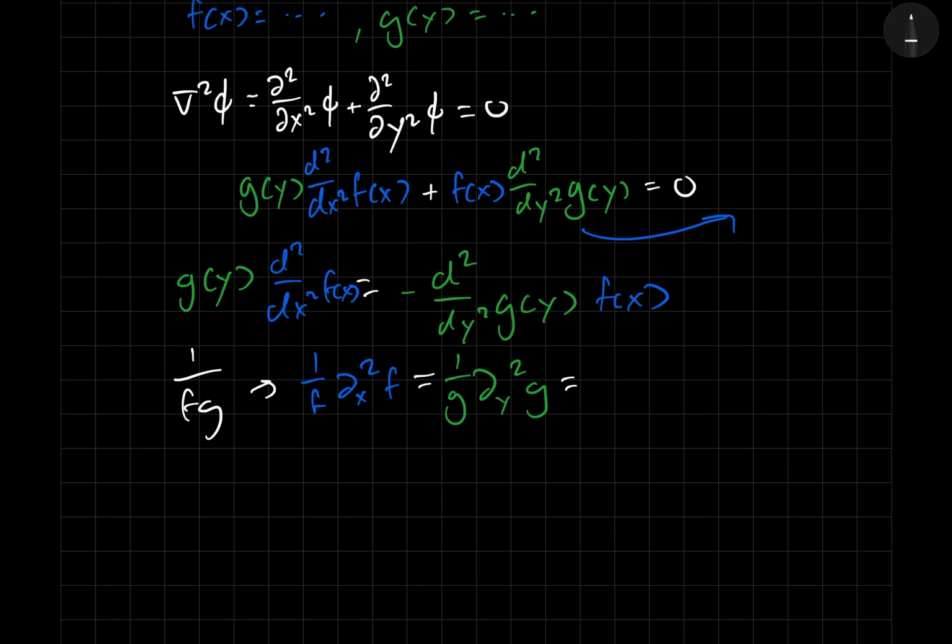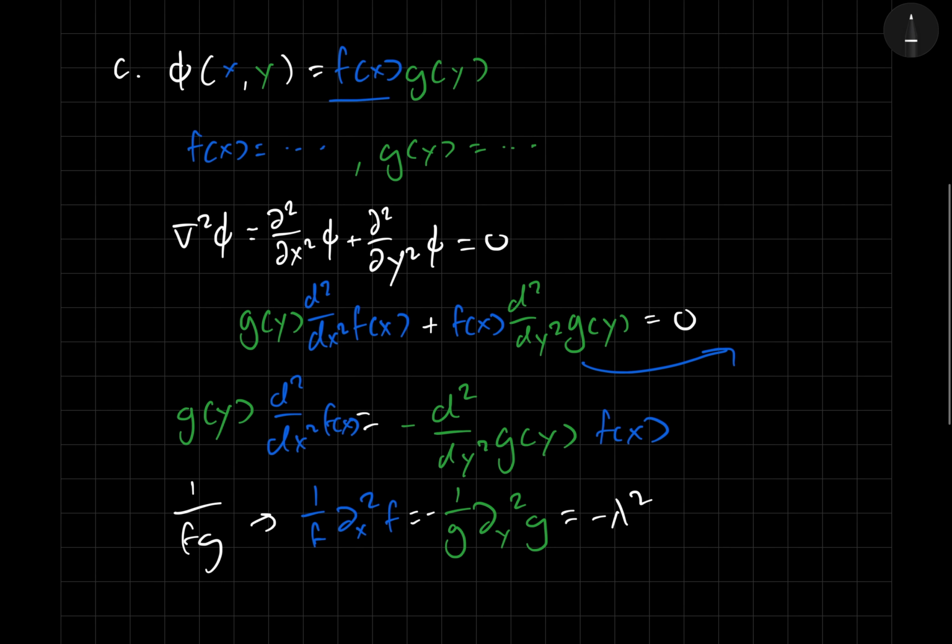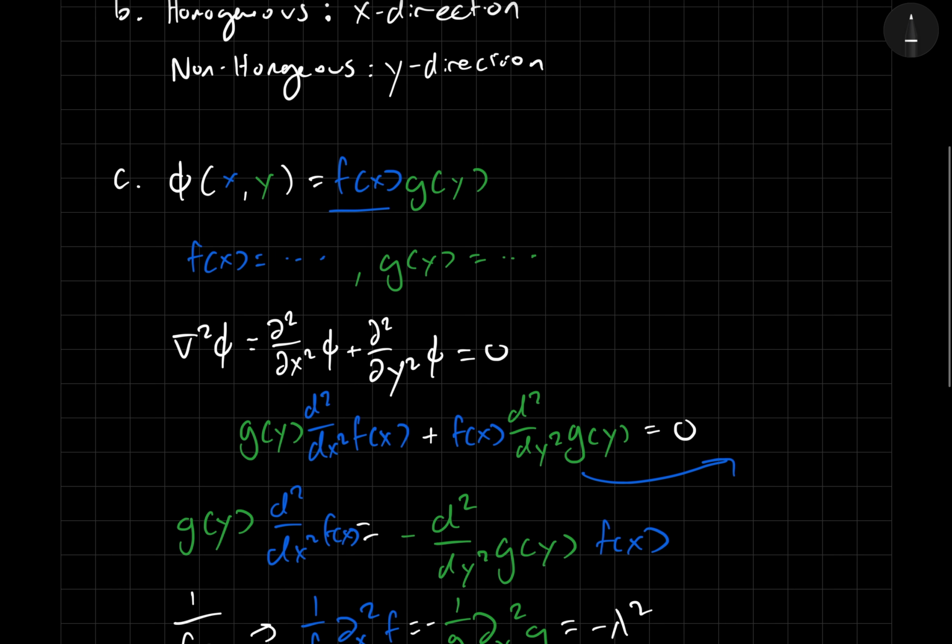And we'll set this to, oh wait, I forgot to put this negative. We'll set this to negative lambda squared to solve this equation. And why do we do this? Well, this is kind of an inductive step, or we kind of need to know why we're doing this from the beginning.